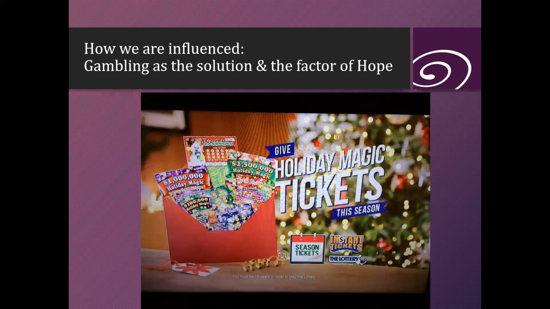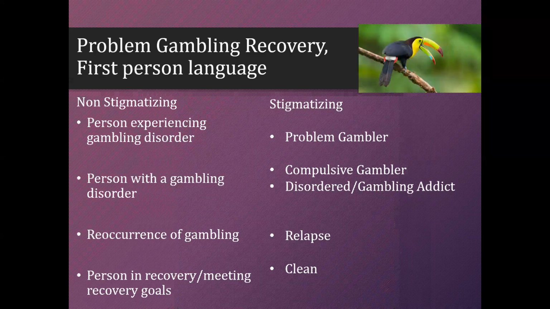Just briefly about gambling language. And I myself, I will admit that I'm learning to try to change my language to make it more strength-based. But just for those of you who are working with gamblers, the non-stigmatizing term, instead of calling them a problem gambler, which I'm training myself to do, is a person experiencing a gambling disorder.